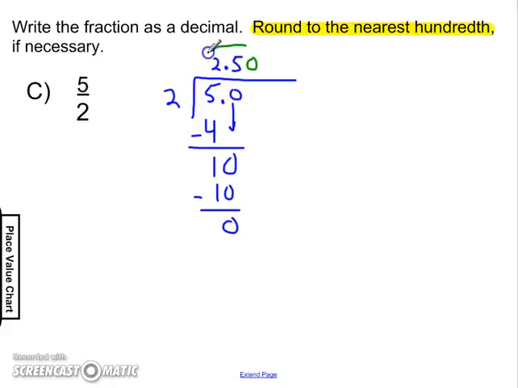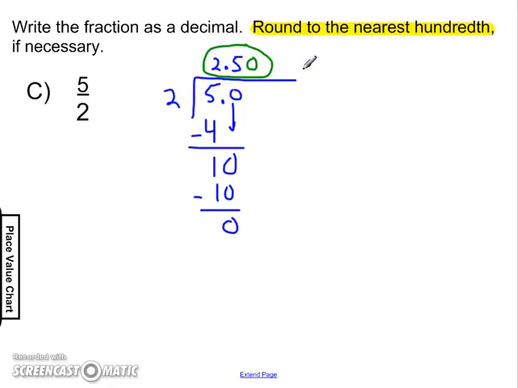So to the nearest hundredth, this is 2 and 50 hundredths. Okay. So you get into some slippery little small things here of, does it make a difference to the number? And sort of the answer is no. 2.5 or 2 and 5/10 is the same thing as 2 and 50 hundredths.